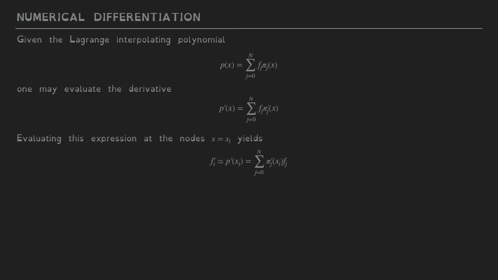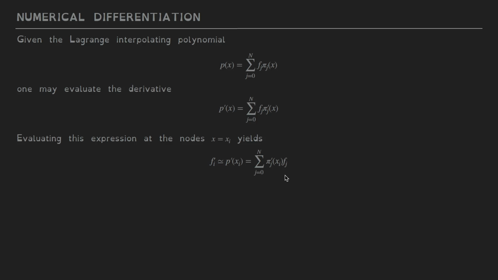In the previous video, where we discussed Lagrange interpolation and differentiation using finite difference methods, we discussed how we can calculate the interpolating polynomial going through a number of nodes, evaluate the derivative of that polynomial, and then evaluate the derivative on a particular node.